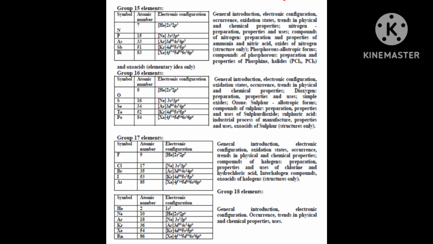Then this reduction potential, for boron data is not available, it is forming only covalent bonds. Now aluminum is minus 1.66. Minus 1.66 means it is reactive.